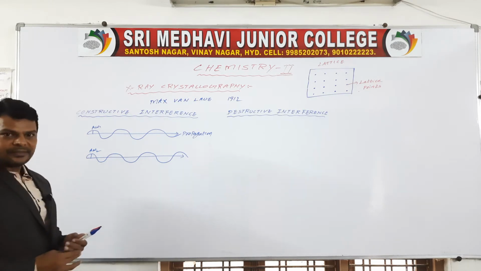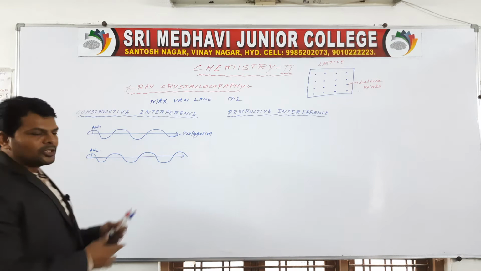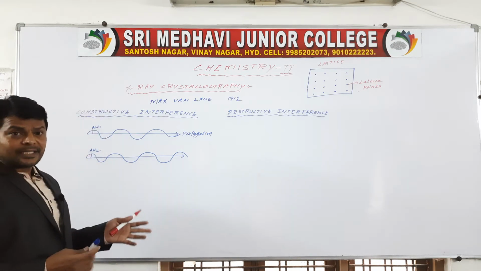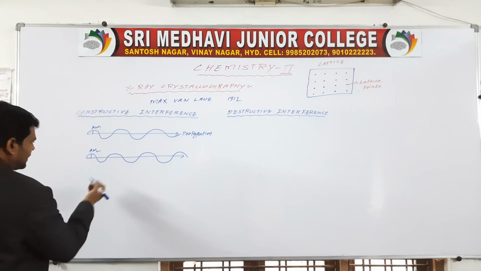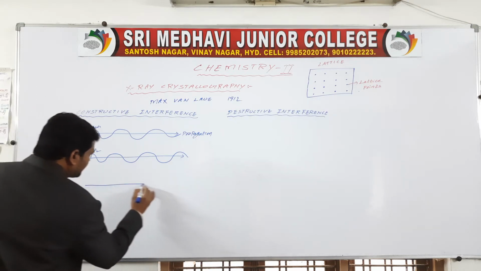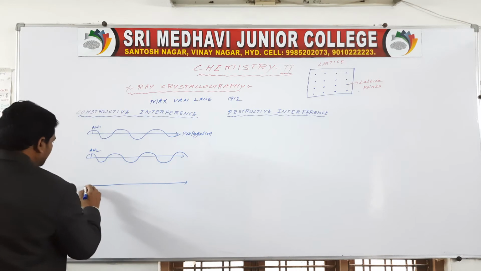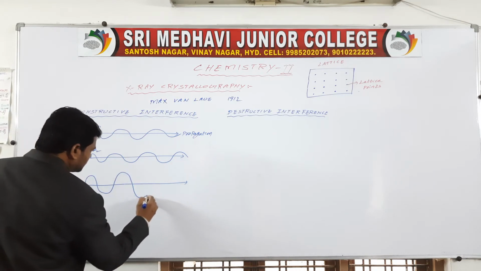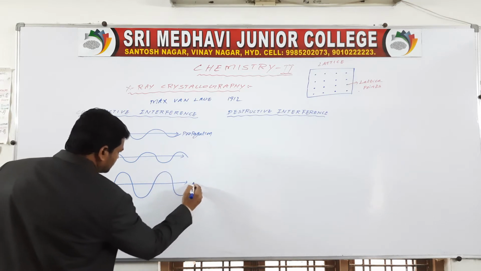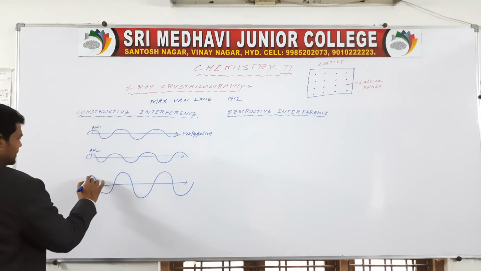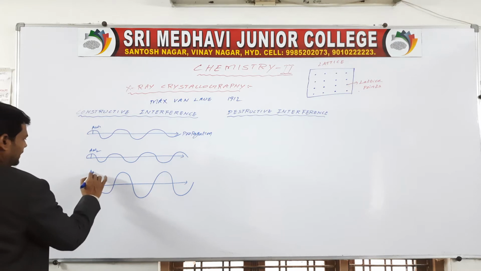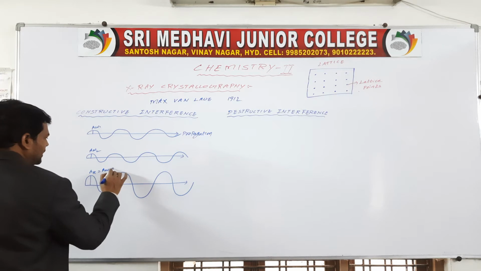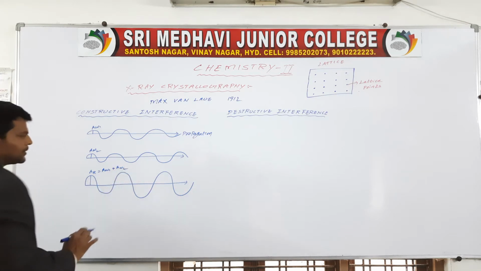When both waves are in phase, the resultant wave amplitude AR is AW1 plus AW2.